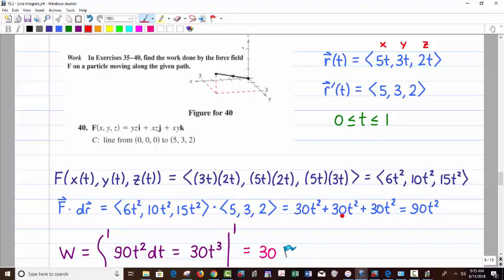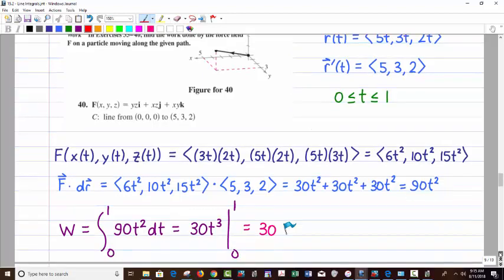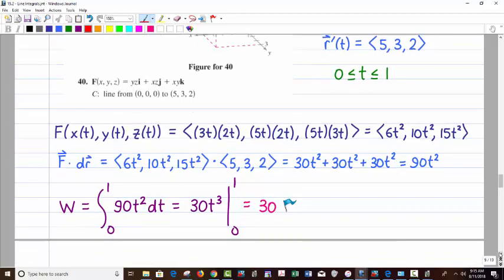And I get 30t squared plus 30t squared plus 30t squared equals 90t squared. So that kind of cleaned up really nice. All we're doing is integrating 90t squared from 0 to 1. The antiderivative of 90t squared is t cubed over 3, and 90 over 3 is 30. So 30t cubed from 0 to 1 will just produce an answer of 30.